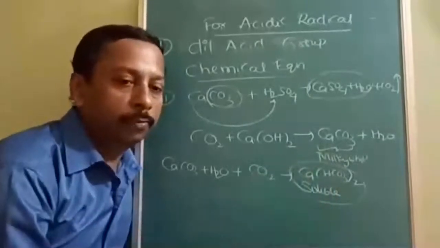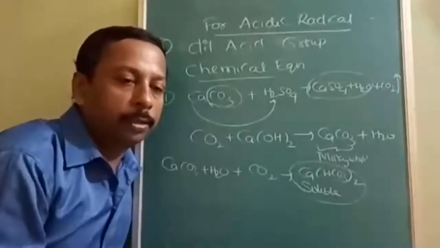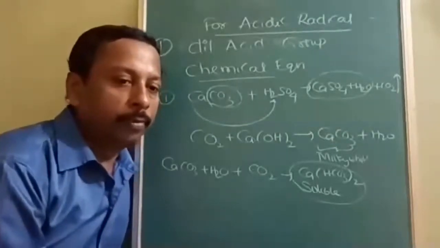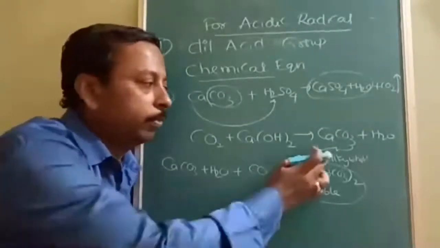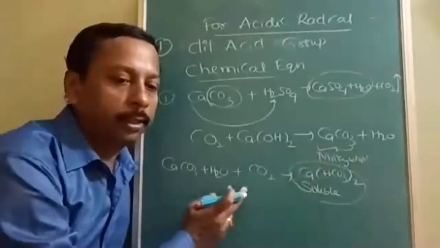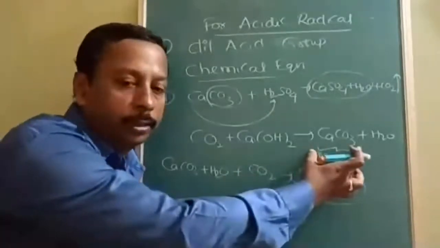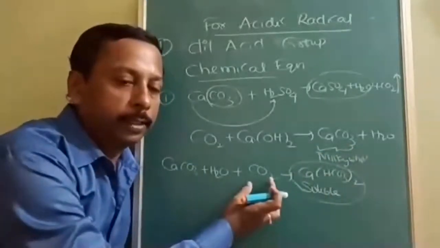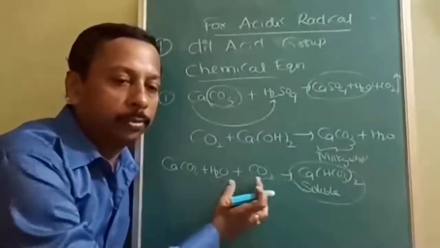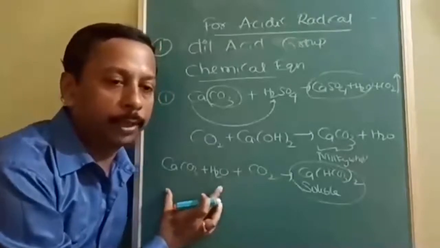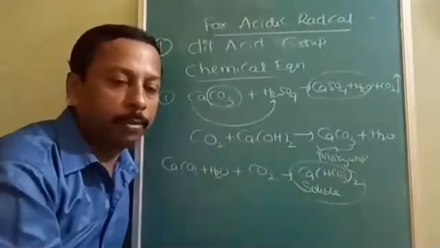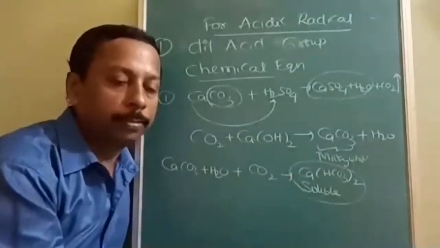To further confirm, because milkiness may be due to some other acidic radicals also, we send some more gas to the same milky solution. Calcium carbonate is insoluble, therefore it turns milky. But if you send more CO2, this CO2 and the already present calcium carbonate and H2O will form calcium bicarbonate, which is a soluble substance.